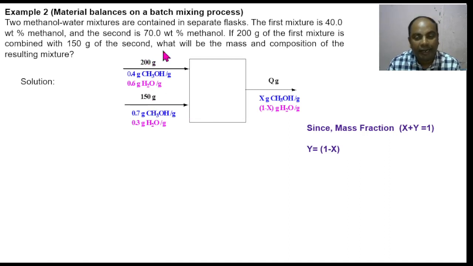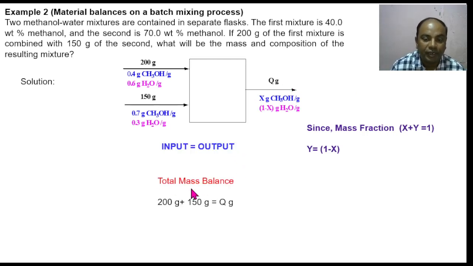These two mixtures enter and combine, and finally result in a mixture whose composition varies. So the mass of the input must be equal to the mass of the output.